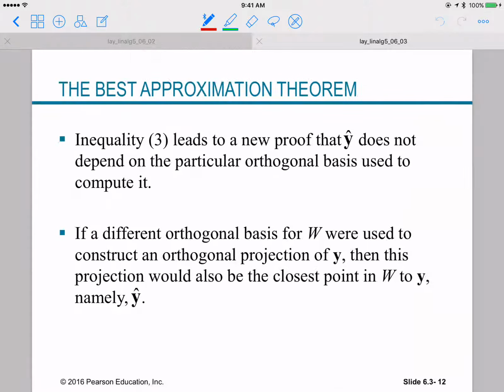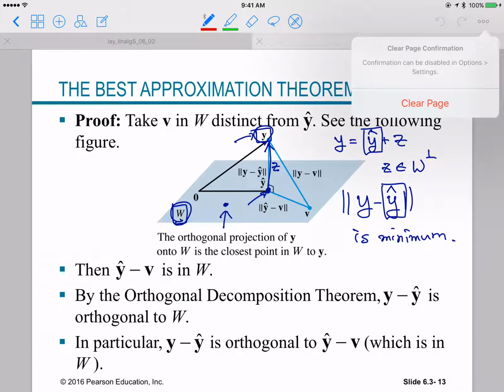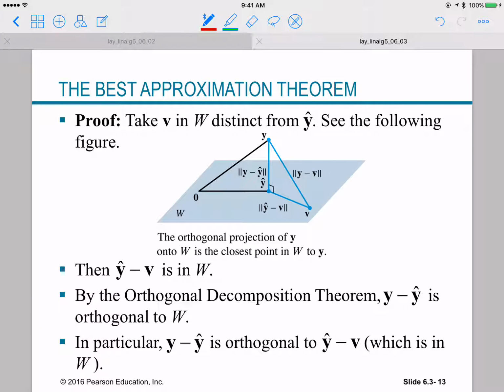Okay, then let's prove this. Let's consider Y and the subspace W, and this Y hat is your orthogonal projection onto this subspace. In this case, what is the error vector?